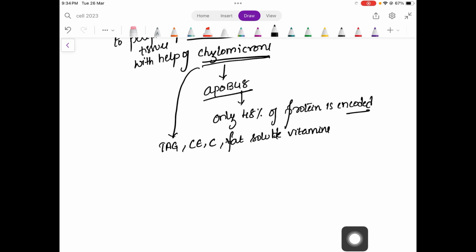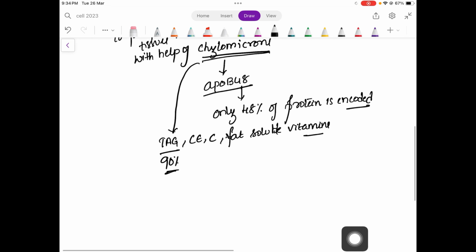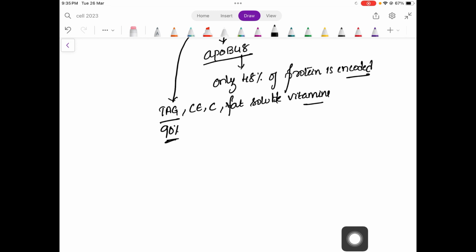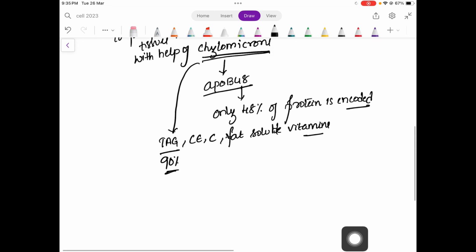These chylomicrons will transport 90% of triacylglycerols. That means these chylomicrons will contain 90% triacylglycerols.